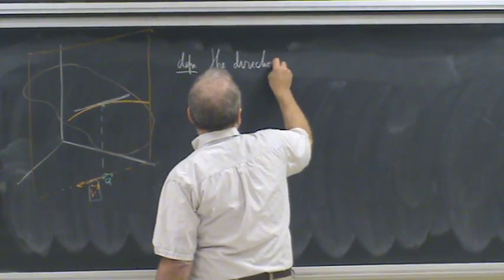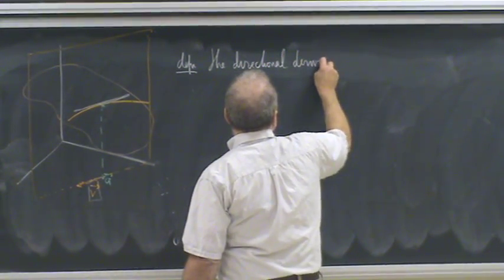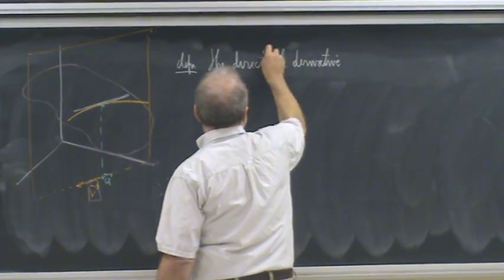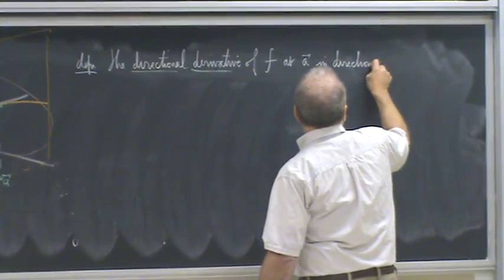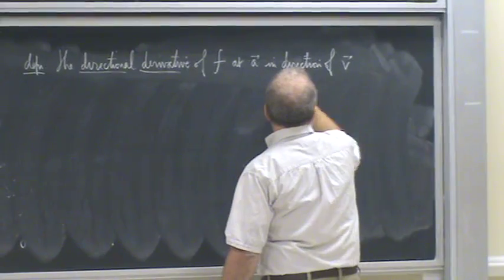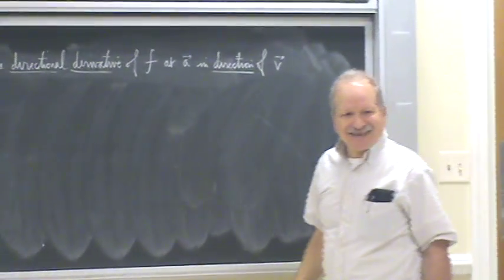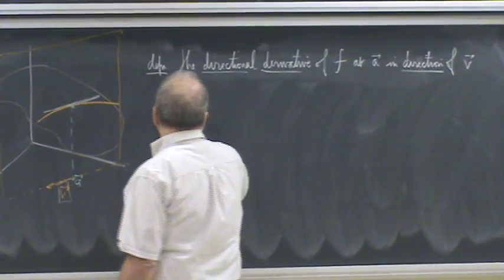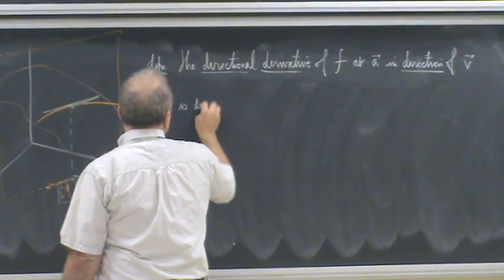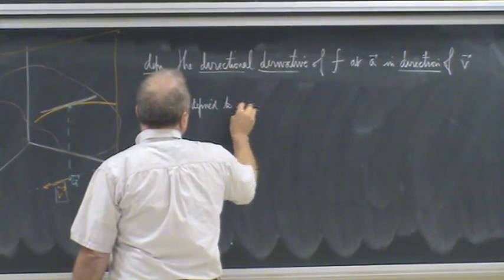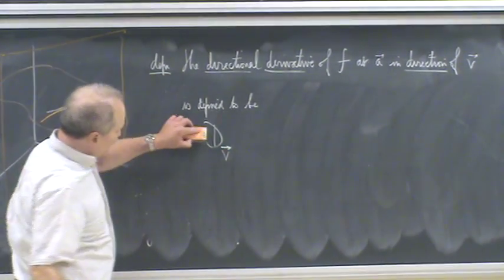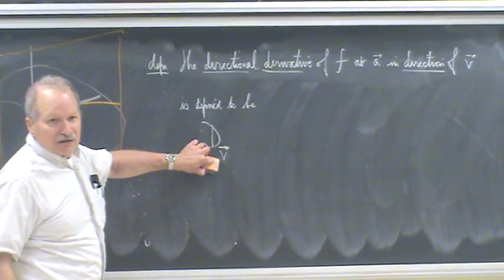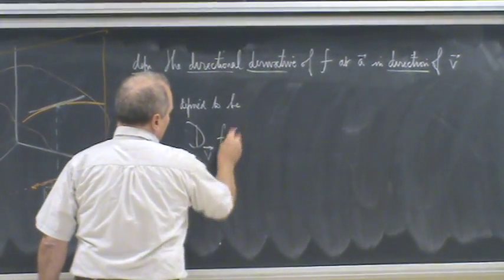The directional derivative of f at a in the direction of v, so that's a lot of words, is defined to be, and I'm going to use this notation, derivative in the direction of v of f at a.